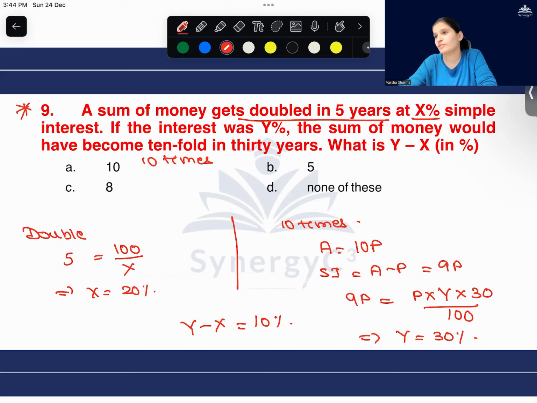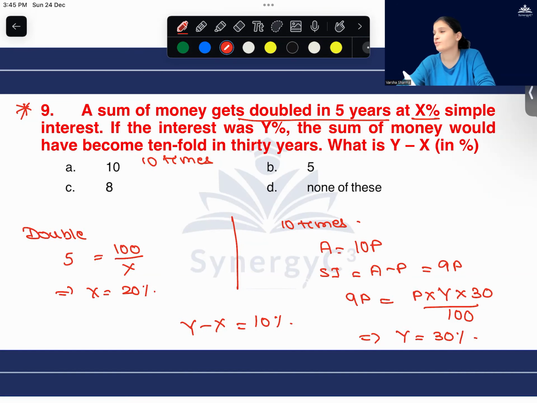Same case. Now you can also use common sense. If it becomes double in 5 years, it will increase in the same pattern with simple interest. It increases the same way every single time. Understood? Now, if you forget the formula, always go for the basic clear formula.